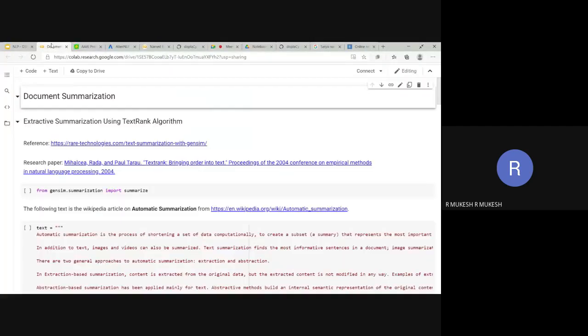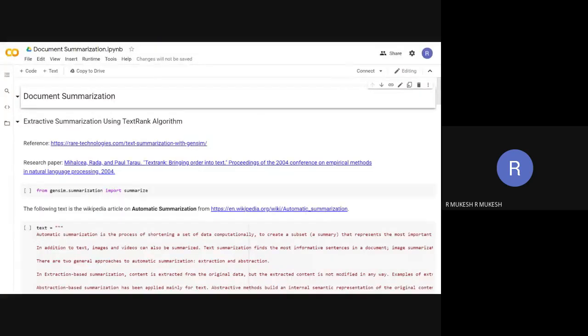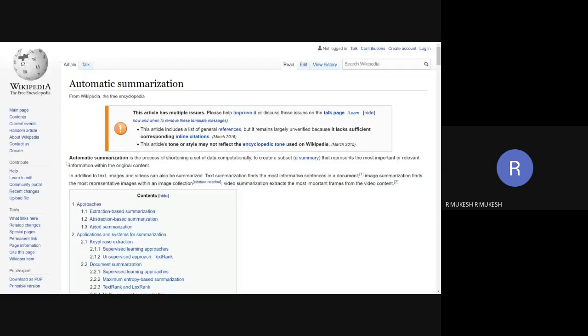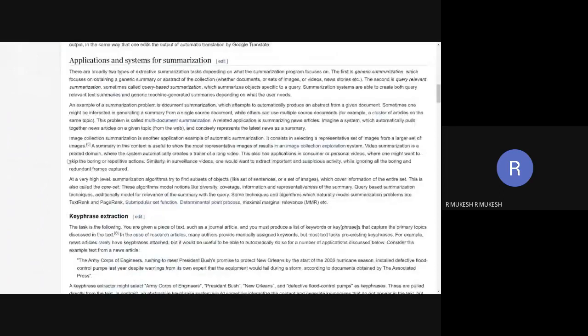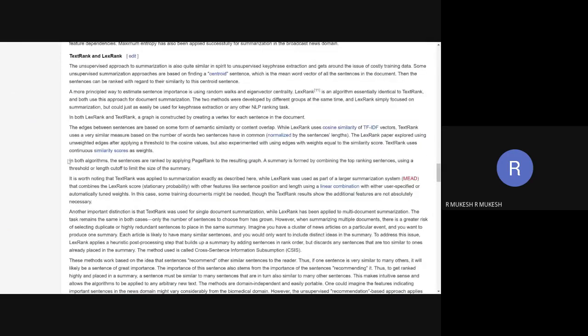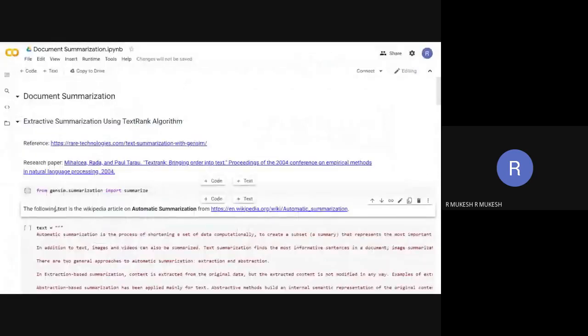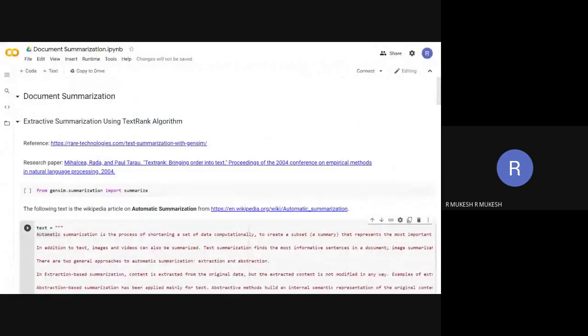You can see that it uses the same summarization algorithm. What I have done is take the Wikipedia article on automatic summarization, which is a very huge document, and copy pasted it into a string.